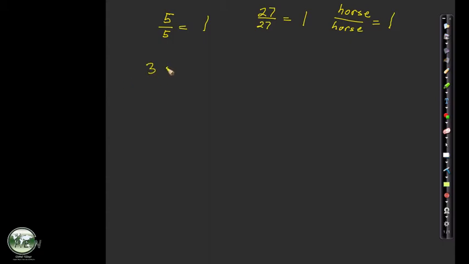What is 3 times 1? 3. You sure about that? Okay. It's going to get a little harder, so I really need full concentration on this. What is 13 times 1? 13. Sure? Yes.